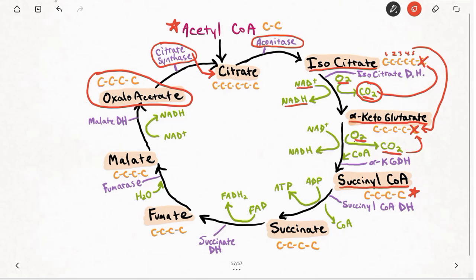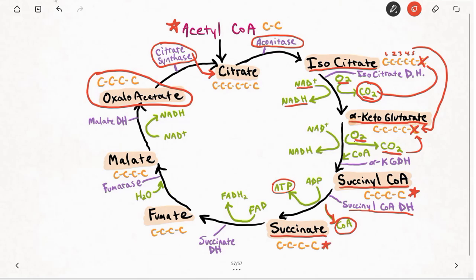The succinyl coenzyme A uses the enzyme succinyl-CoA dehydrogenase, and it removes that coenzyme A. Also, ADP swoops in and takes up a phosphate group, so that gives us ATP. Altogether that creates the intermediary product succinate, another 4-carbon molecule.